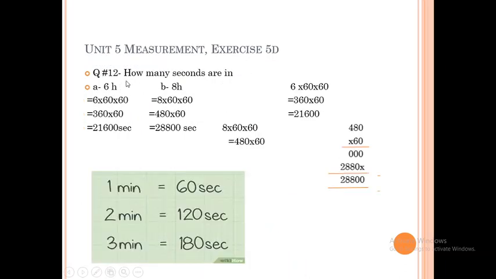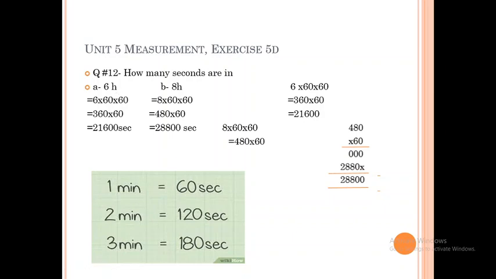Now question number 12. How many seconds? Only hours are given: 6 hours and 8 hours. You cannot convert hours directly into seconds. First convert them into minutes and then into seconds. You know 1 hour equal to 60 minutes.